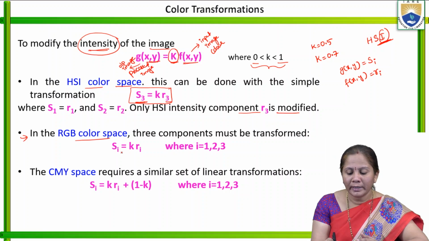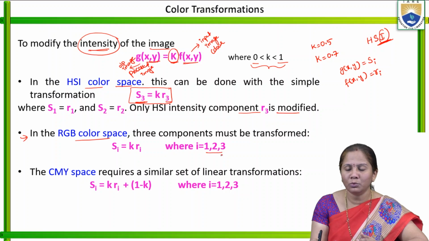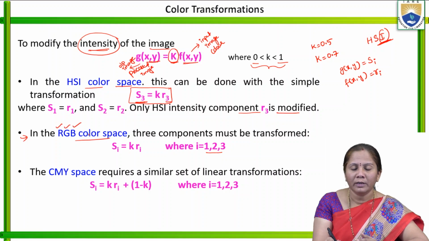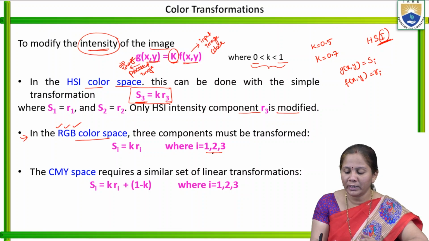That's why we write Si is equal to K into Ri, where i ranges from 1, 2 and 3. Why? Because only 3 color components are available. 1 is red, 2 is green, 3 is blue.